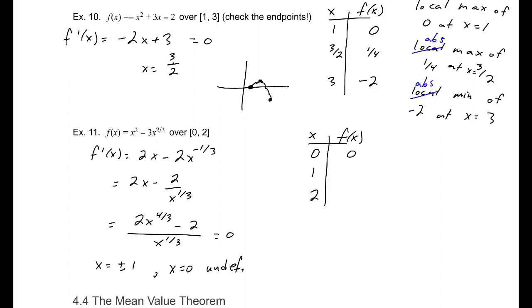At x equals 1, the function is negative 2. And x equals 2, we get negative 0.762.